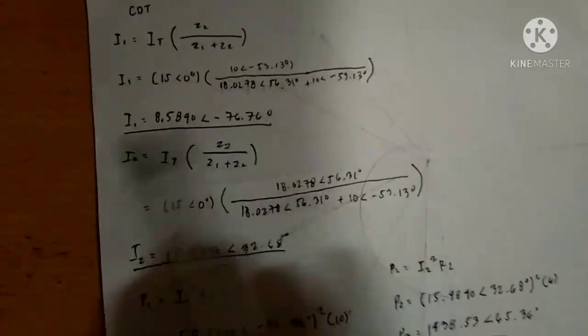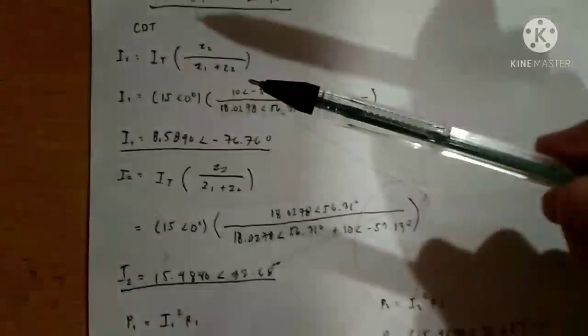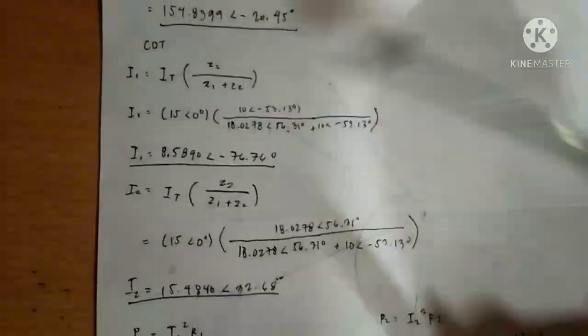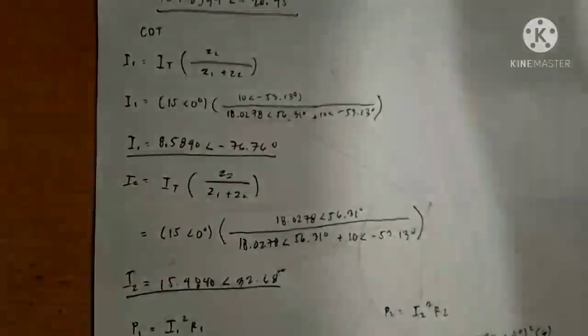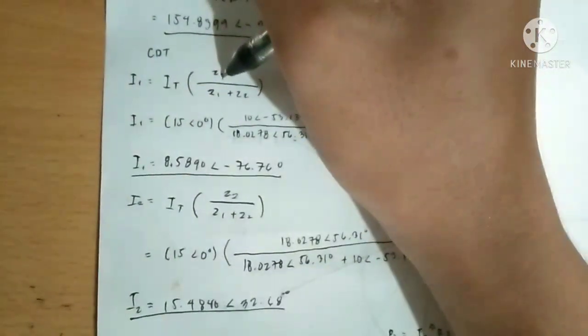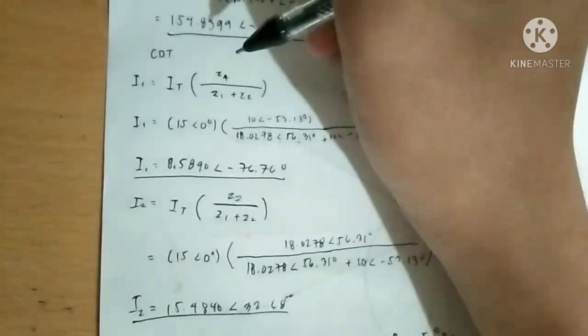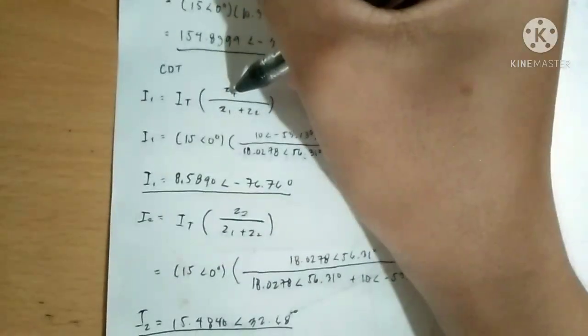So we'll have to solve for the I2 now. It has a similar formula. Oh no, not similar, because this is Z1. I think, oh no, this is Z2.